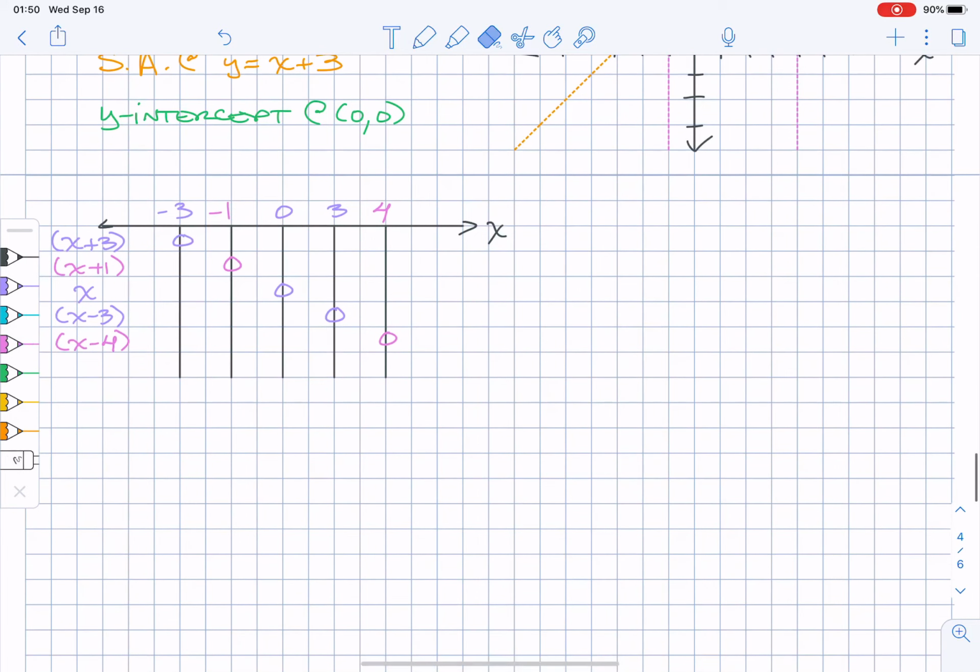Okay, and anything to the left of 0 is negative. And anything to the right of 0 is positive.